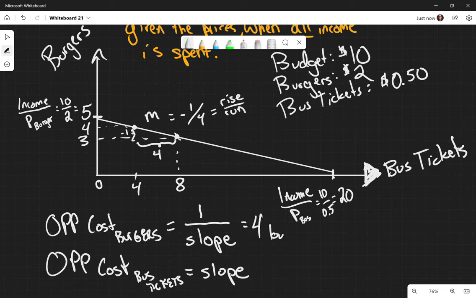The opportunity cost for bus tickets equals 1/4 of a burger. And the important thing to keep in mind is it's the opportunity cost of 1 burger, the opportunity cost of 1 bus ticket, right? So just keep that in mind.